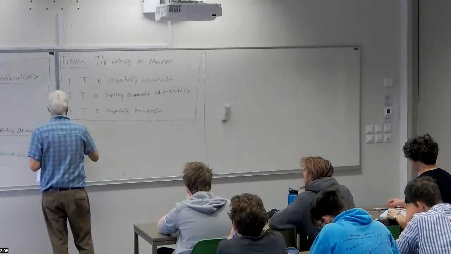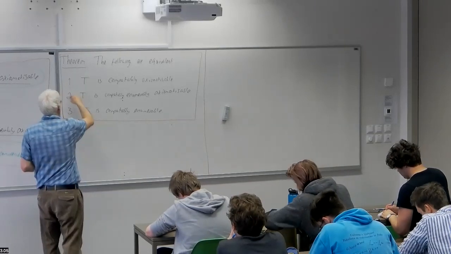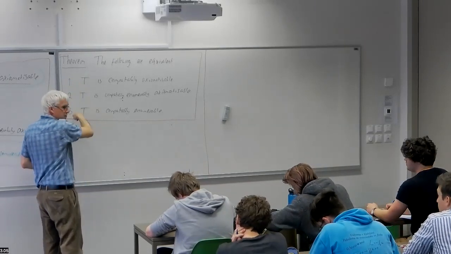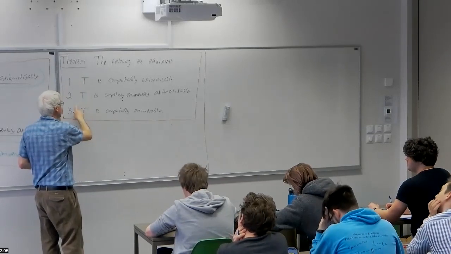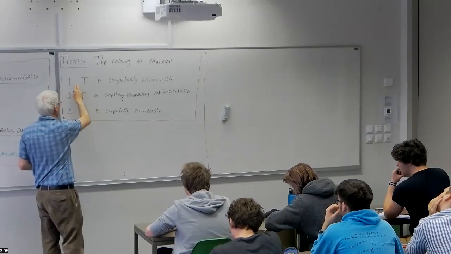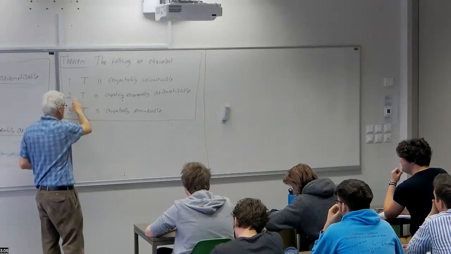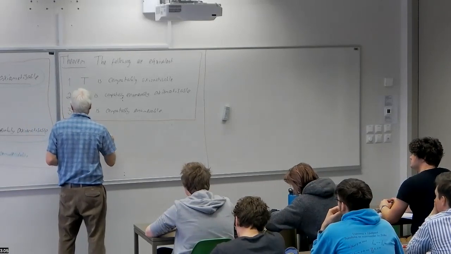So the proof I'm going to do is 3 implies 2, implies 1, implies 3. Go around in that circle. The reason for doing that, well, in fact, it's easy to show that either of the other two statements imply statement 2, but then the easiest circle to do is 3 implies 2, implies 1, implies 3.